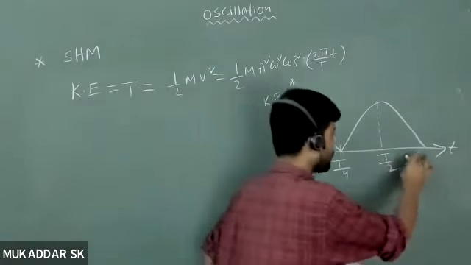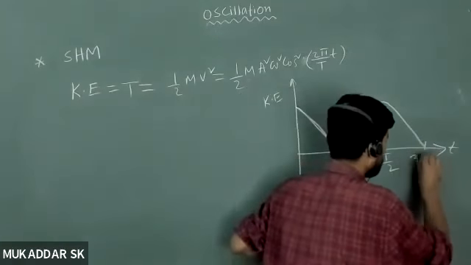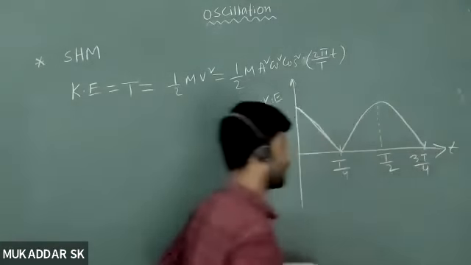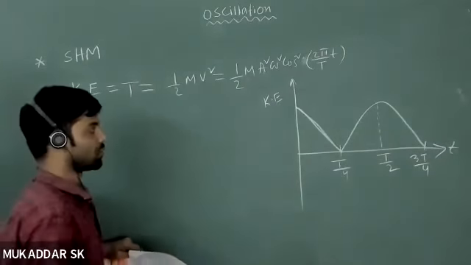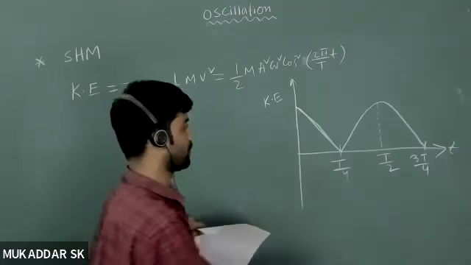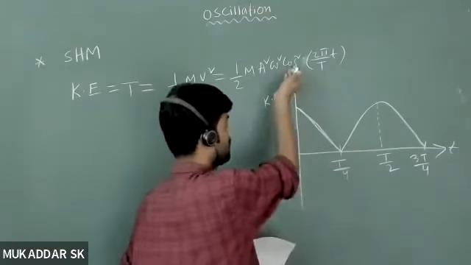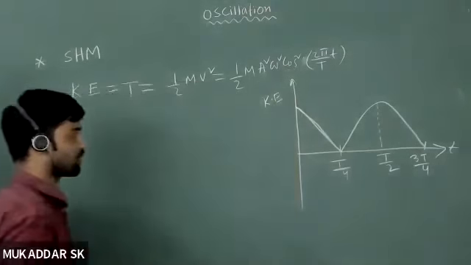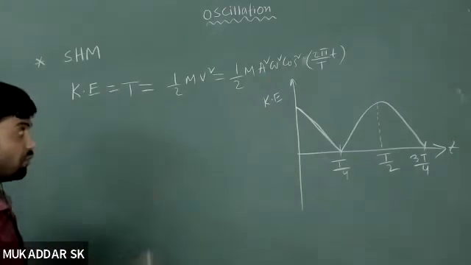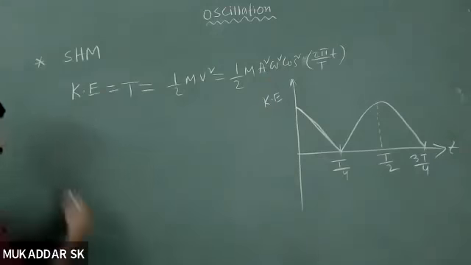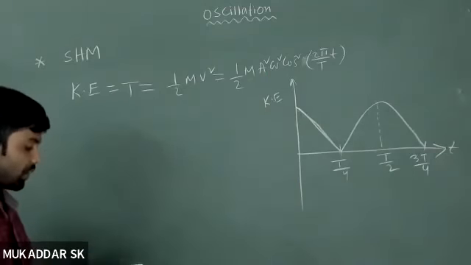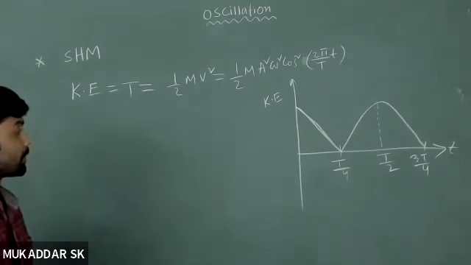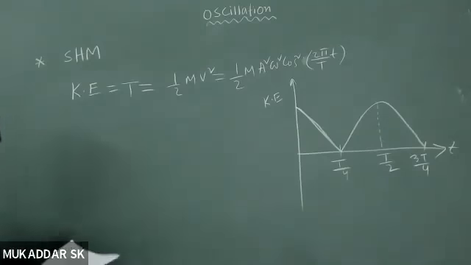Now this point corresponds to 3T by 4, because now your oscillator is at the negative extreme position. So the kinetic energy plot will be looking like this. You will never get a negative value because you have the cos square function, and the cos square function will always give you a positive number. Is this part clear to all? Yes, sir.